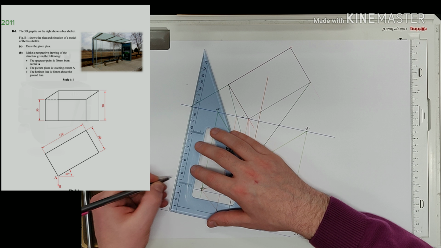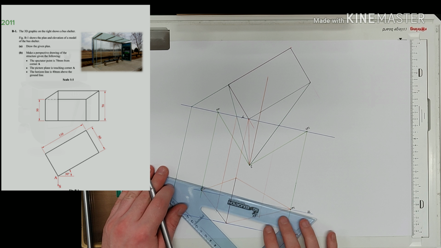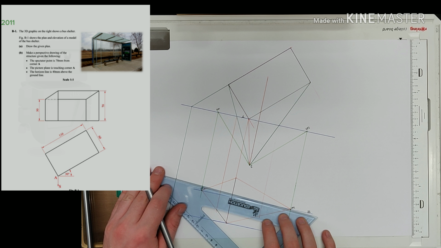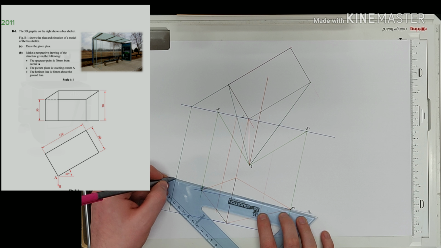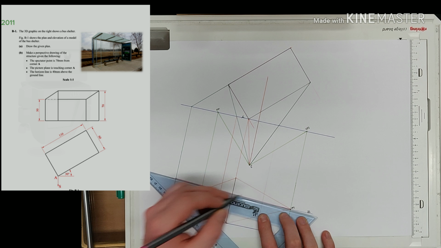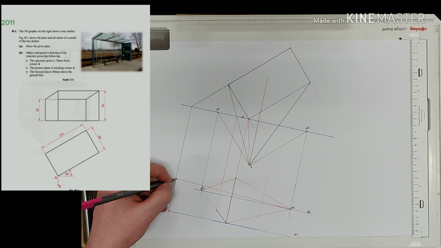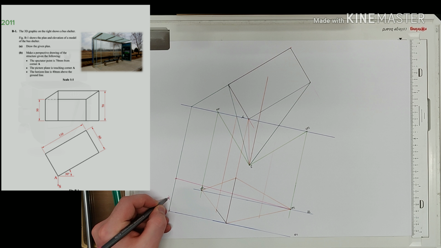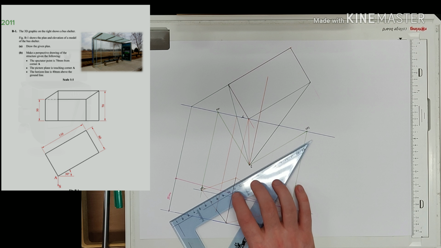Measure up 50, catch it, and I'm going to vanish him back to VP2. Where that cuts here gives me the inclination of the back of the bus stop, which I can now darken in.